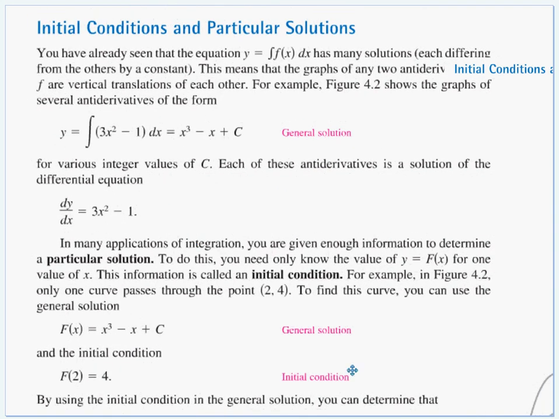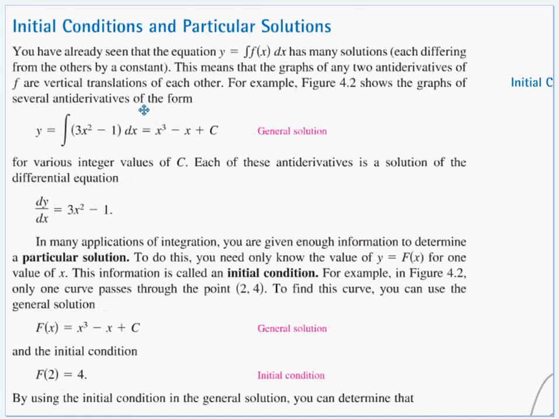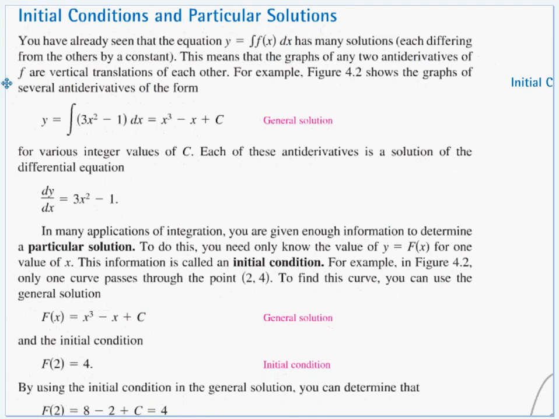And let's read some of this here. Okay, so initial conditions and particular solutions. You've already seen that the equation y equals the antiderivative of f of x dx has many solutions, each different from the others by a single constant. This means that the graphs of any two antiderivatives of f are just vertical translations of each other.